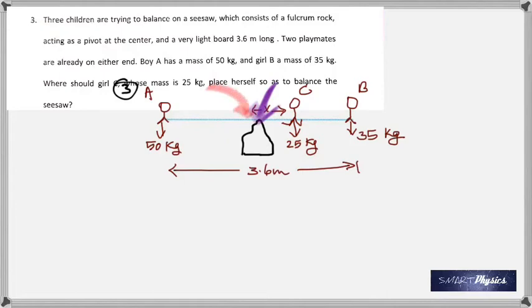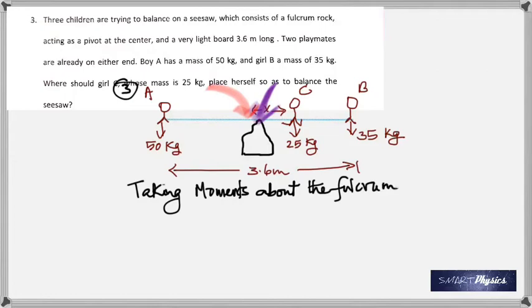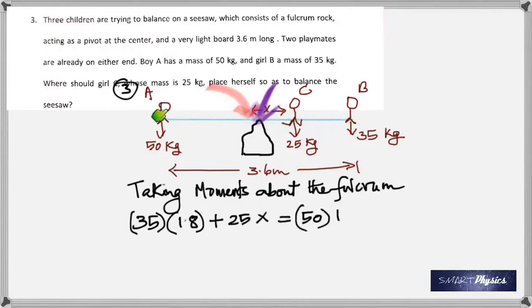And so, taking moments about the fulcrum, you're calculating the torque about the fulcrum. 35 times this distance, which is 1.8, plus 25 times x should be equal to 50 times 1.8.